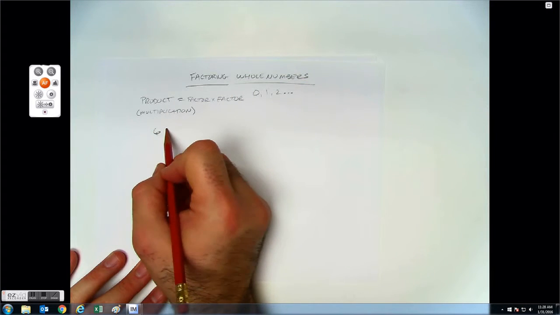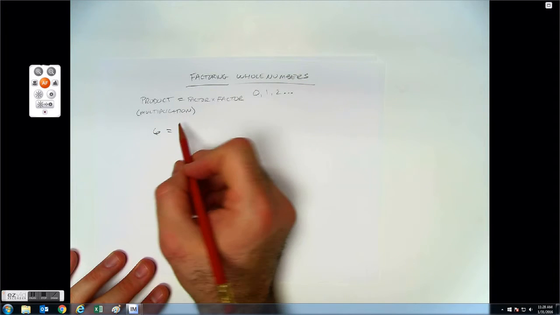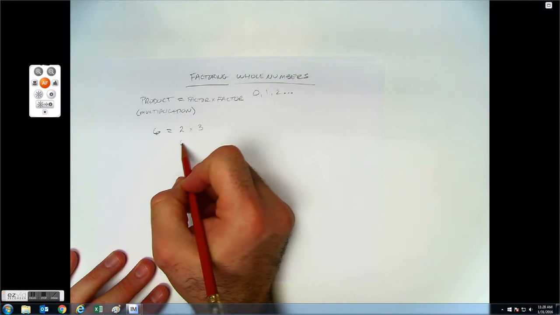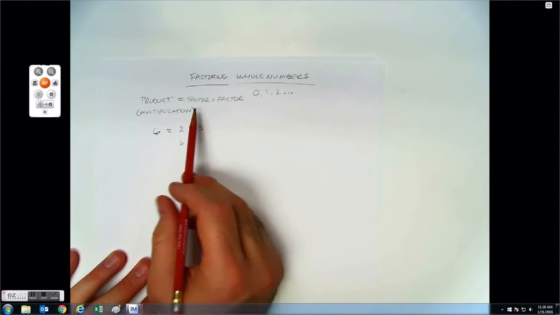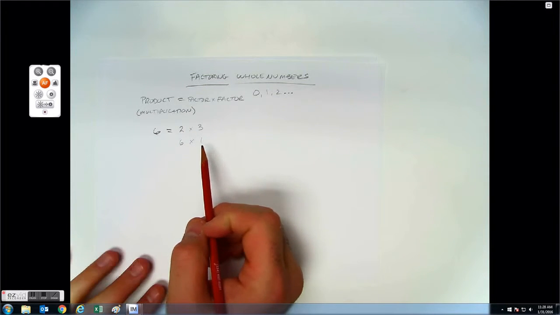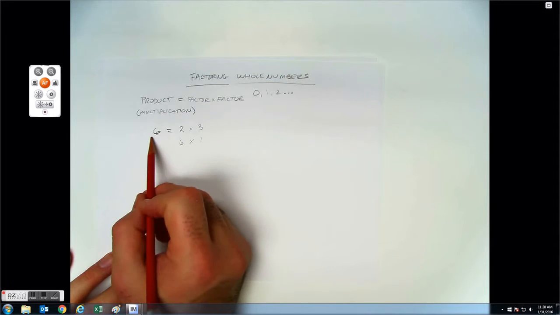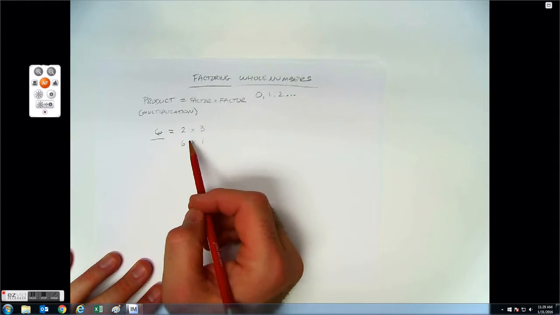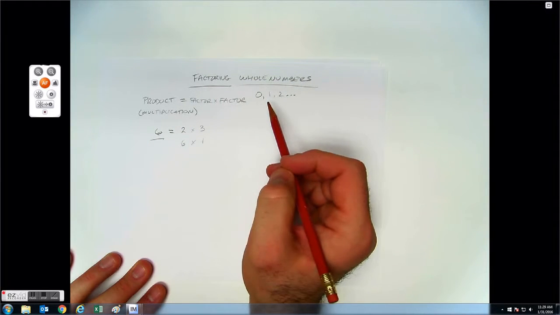So if we have, for example, the product 6, then the factors could be 2 and 3, 6 and 1. These are two numbers when multiplied together make 6. So when we talk about factoring, we're going to take a product, some number, and break it down into the numbers that are its factors. So that's what factoring is, and then we're going to do that for whole numbers.